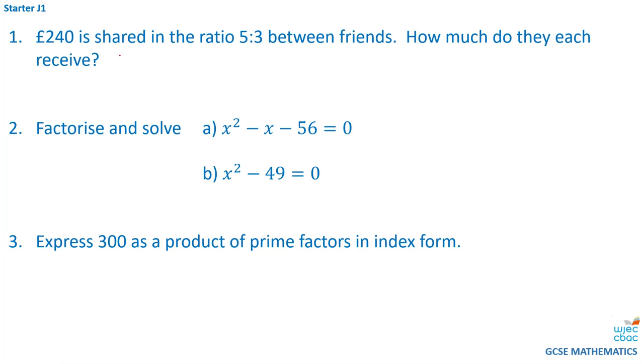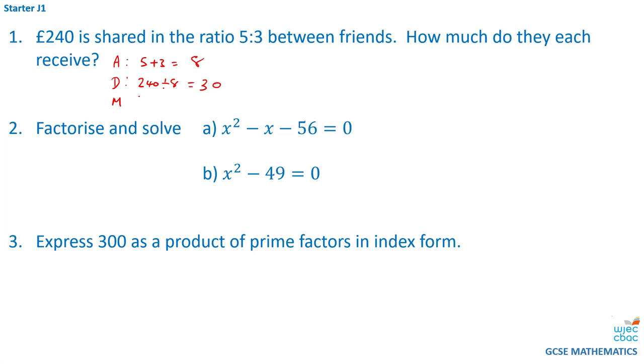Now, I always tend to use the three steps: add, divide, multiply. So we add the ratios, 5 plus 3, giving us a total of 8 shares, and then we divide £240 by 8. It gives us 30, so each share is worth £30.